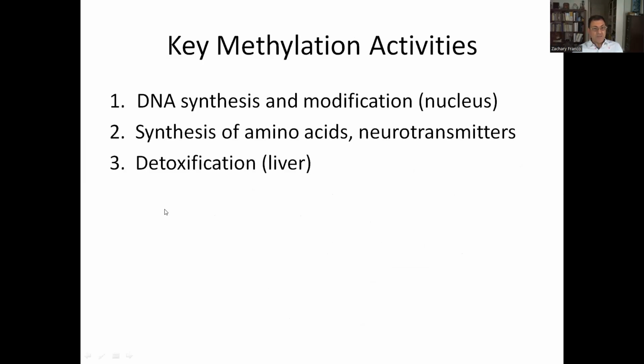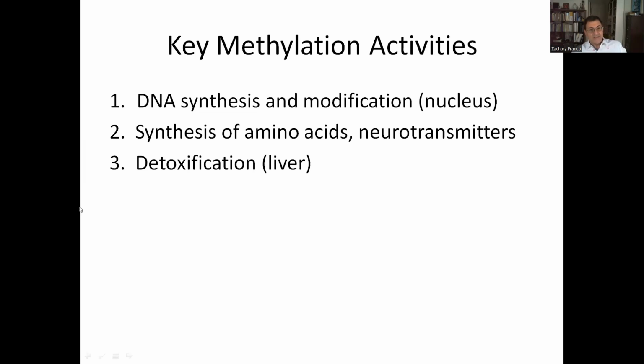So let's go back to methylation, and the 3 things we're going to focus on are what methylation can do. So it's involved in DNA. That's what I would consider the number 1 thing. Then number 2 is it's involved in the body making things. The body cannot make certain things from scratch; it needs ingredients, and then from those it can make other things.